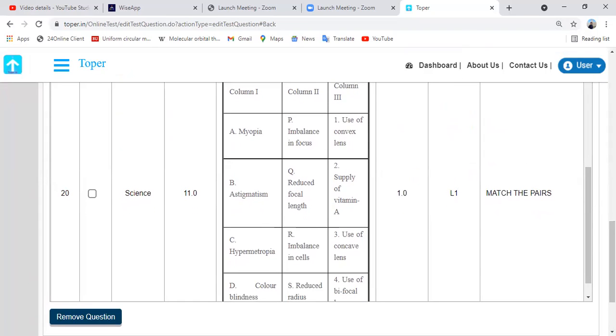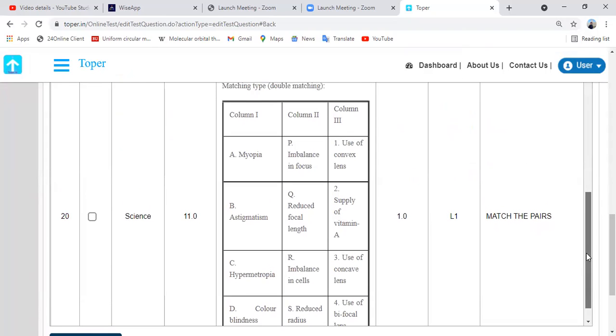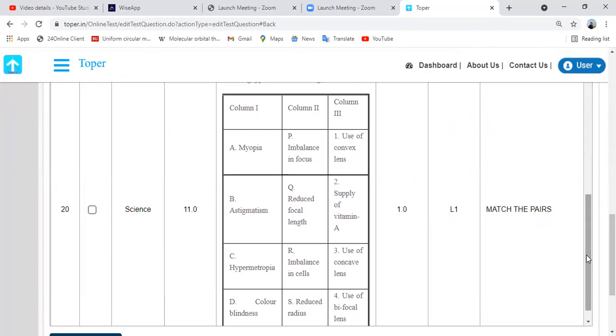Match the pair. Myopia, column 2: reduce focal length, imbalance in the cells. See, option D, color blindness is there, and it is due to the weakening of the cells, vitamin imbalance, right?